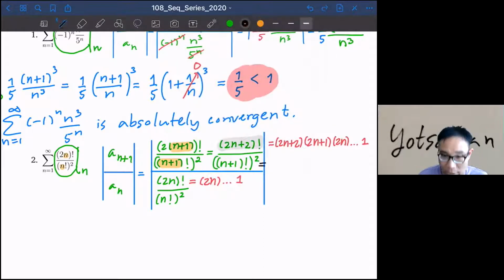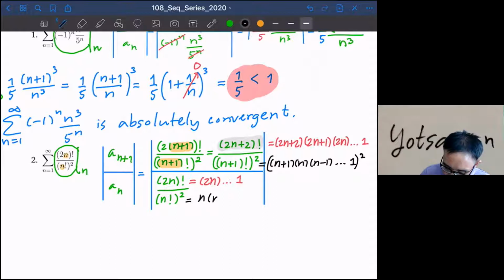(n+1) factorial here is going to be (n+1) times n minus 1 up until 1, and you raise it to the square, okay? And for n factorial, you would have n minus 1 up until 1, okay? And you have a square.